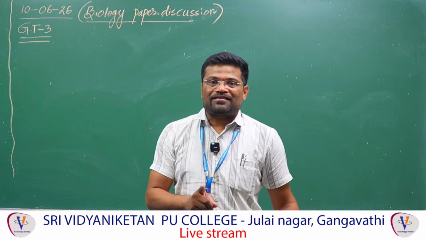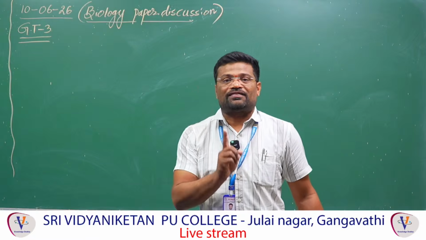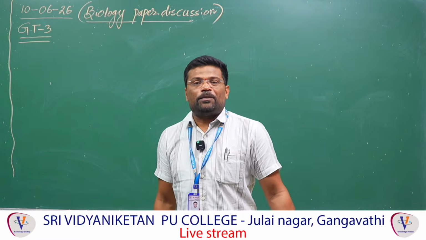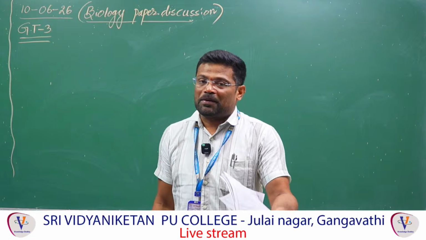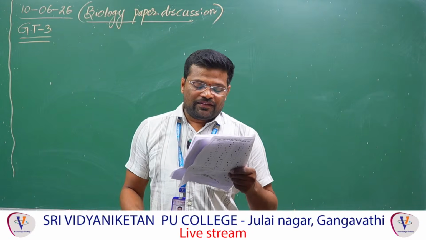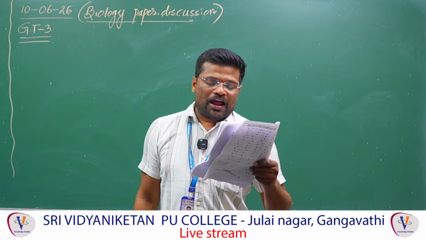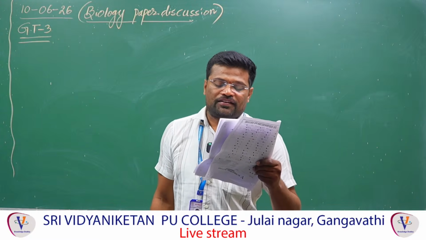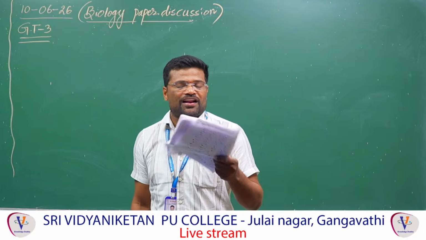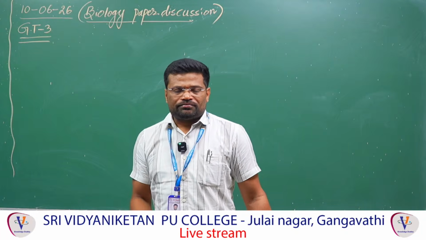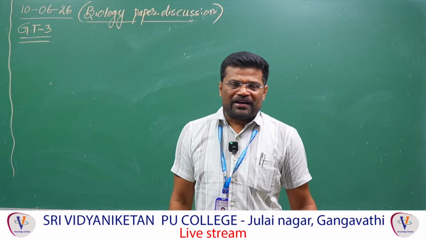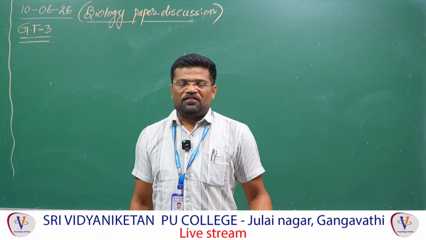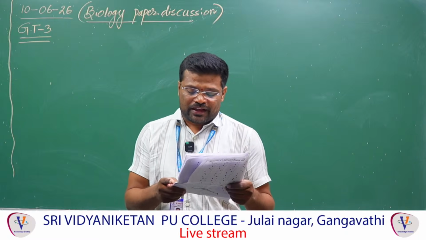RBC carries approximately 97% of oxygen from alveoli of lungs to tissues, and the remaining 3% will be transported by plasma. C is incorrect. D, 100 ml of oxygenated blood can deliver 15 ml of oxygen from tissues to alveoli of lungs. Wrong. 100 ml of oxygenated blood can deliver 5 ml of oxygen from alveoli of lungs to tissues. Only B is correct.